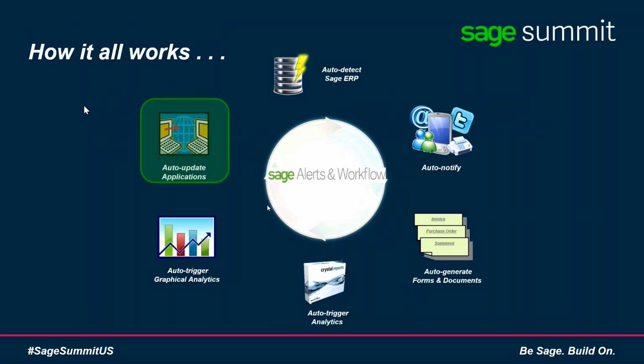But now we talk about the workflow part of Alerts and Workflow. Although many organizations start out by using this technology just to monitor conditions, trigger alerts, and the delivery of forms and documents, it's very important that the product is not called Sage Alerts, it's called Sage Alerts and Workflow.